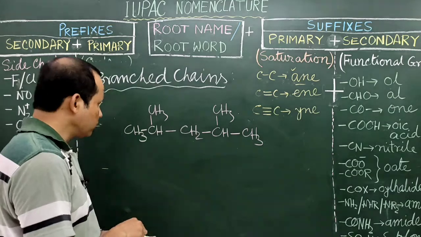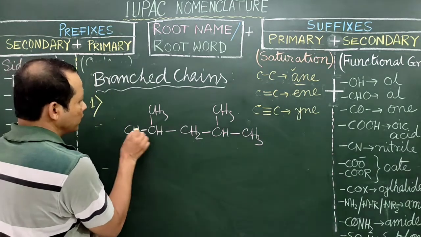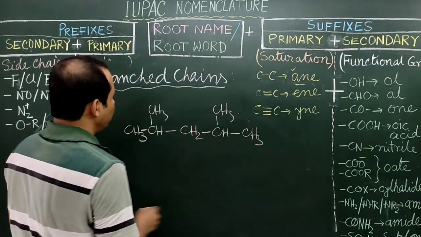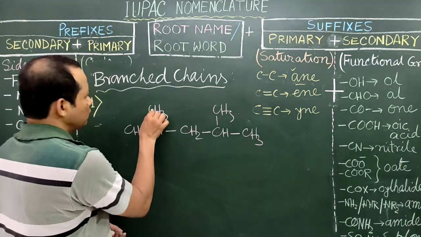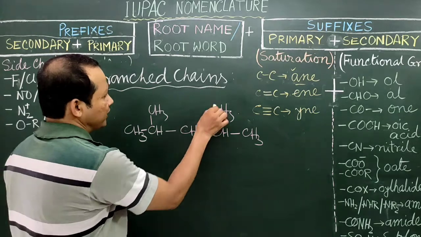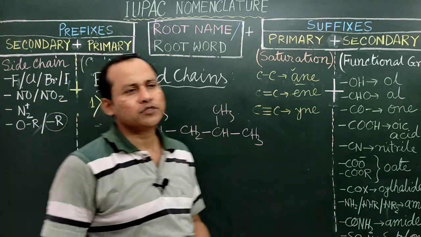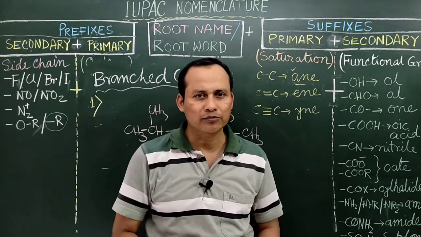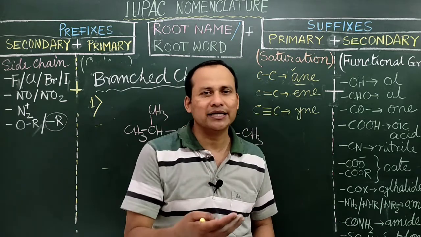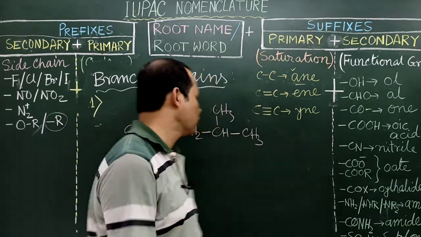Now this one, so first of all we have to give the numbering 1 2 3 4 5 or 1 2 3 4 5. So only one possibility is there. In the longest carbon chain 5 carbon atoms are there, from whichever direction you choose to go.